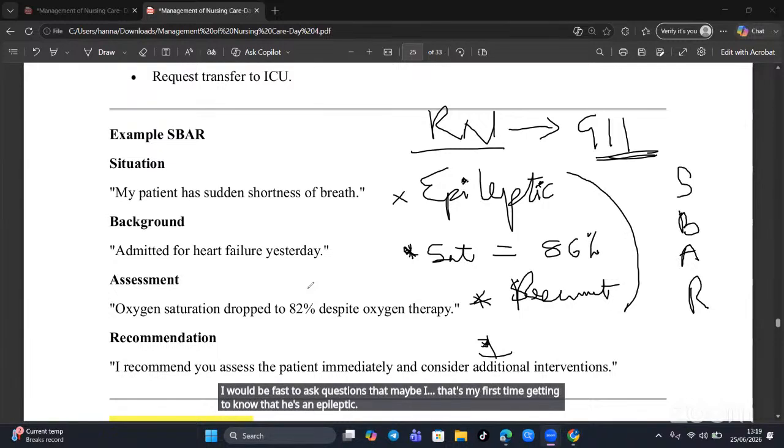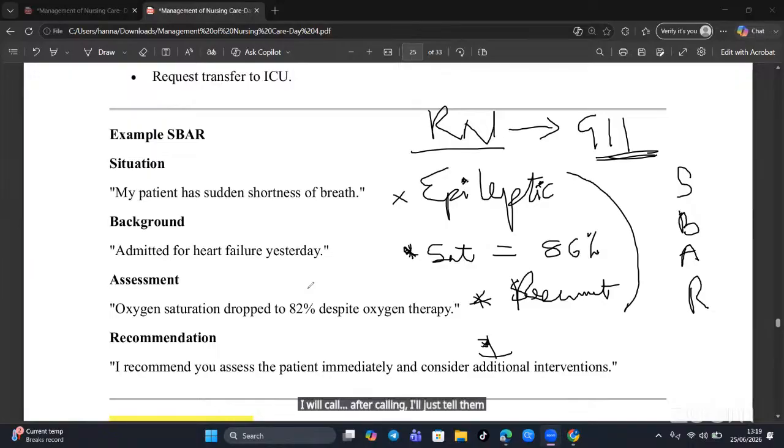After calling, I'll tell them there's someone who just had epileptic seizures, and that the saturation is 86. I would let them know that the patient is already an epileptic due to what I asked at the church.